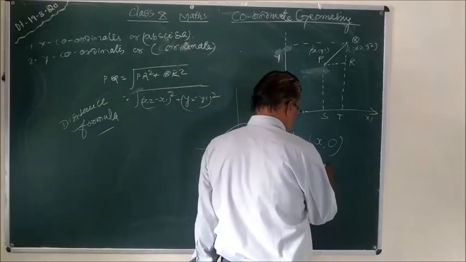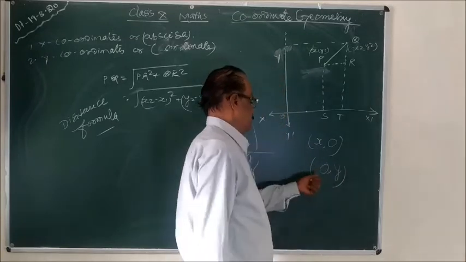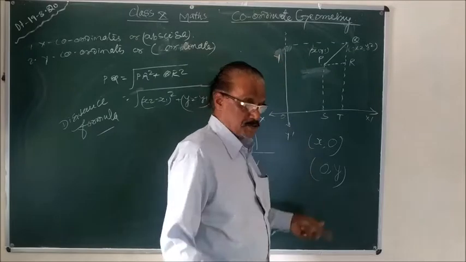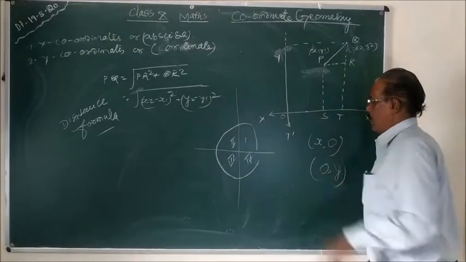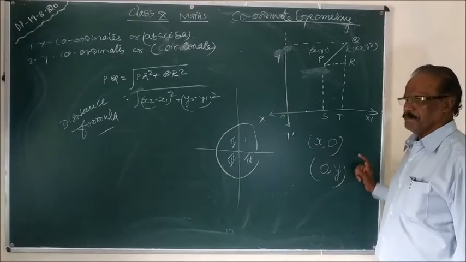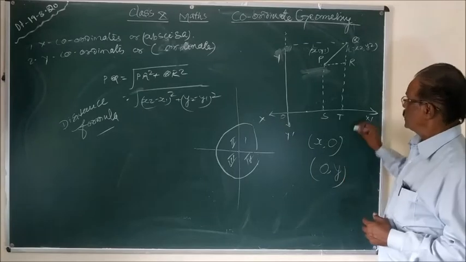And if the point is on the y-axis, the coordinate will be 0, y. 0 because the point is on the y-axis, there is no distance of the point from the y-axis, therefore the coordinate will be 0, and this may be any value y. So these are the points.